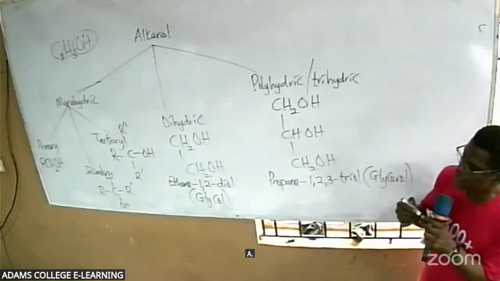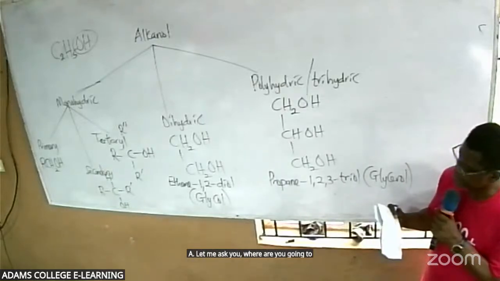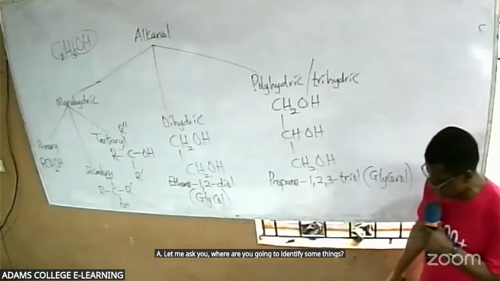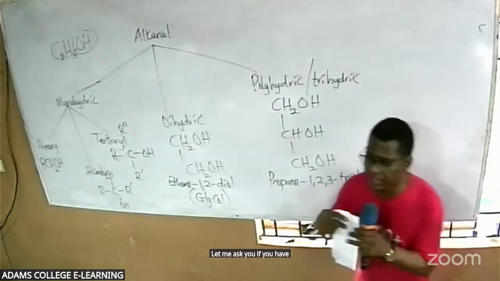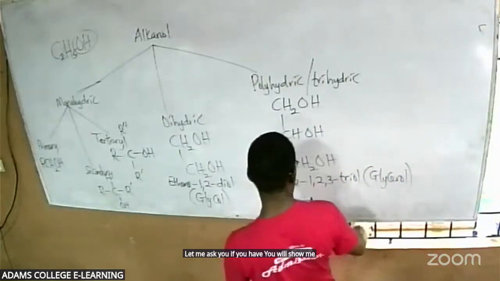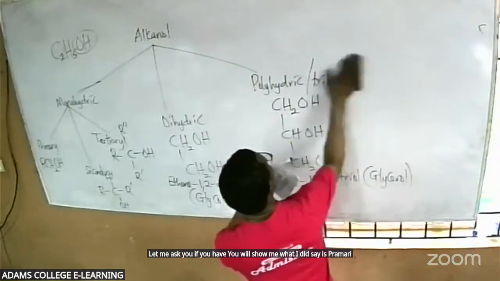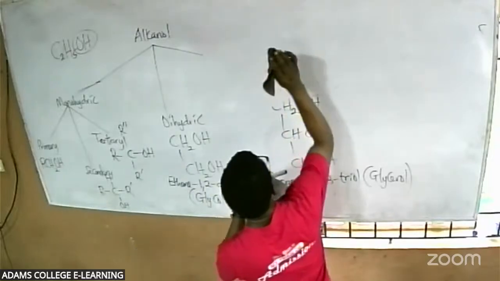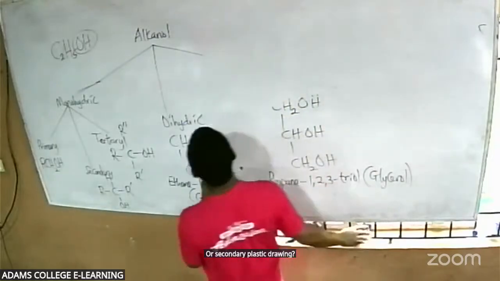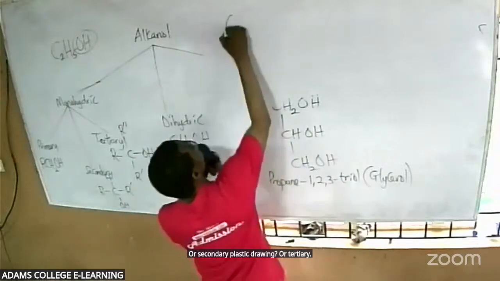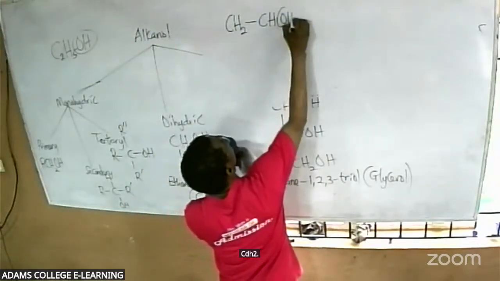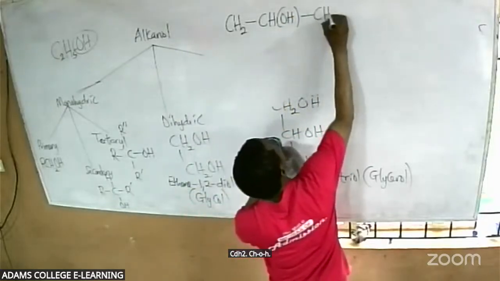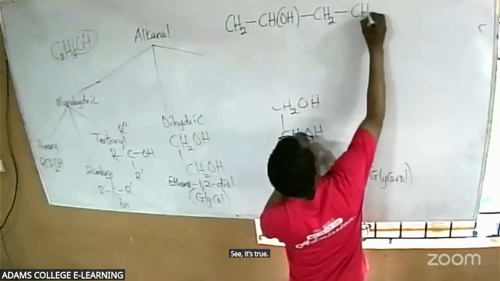Let me ask whether you can identify some things. You will show me whether this is a primary, secondary, or tertiary alkanol, as a drawing. Look at this compound: CH2, CHOH, CH2, CH3.